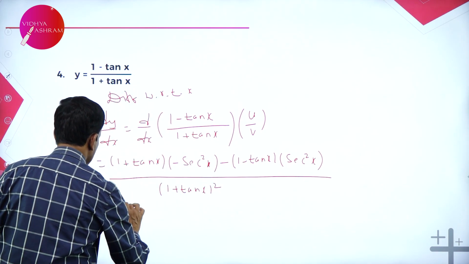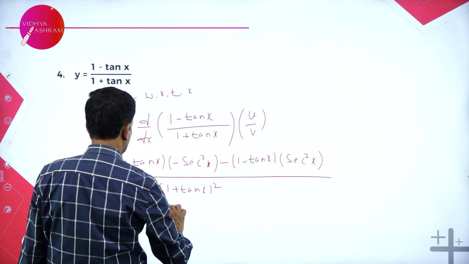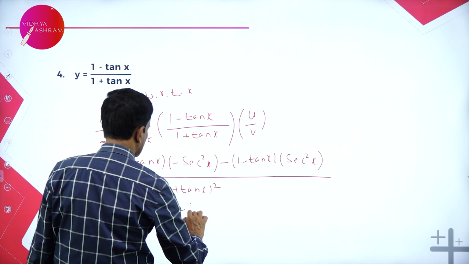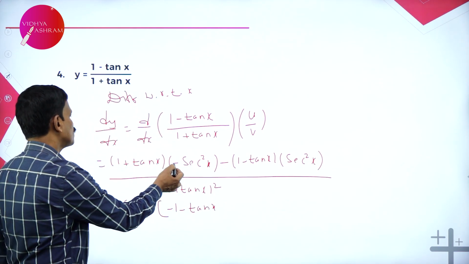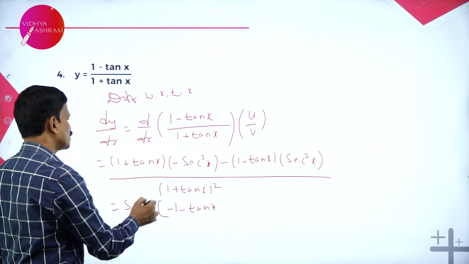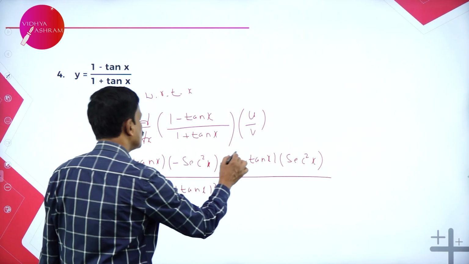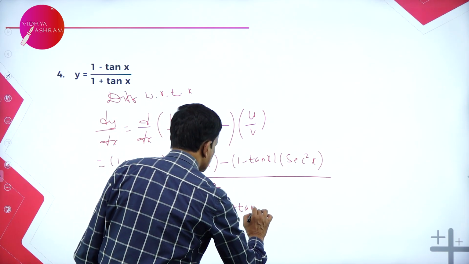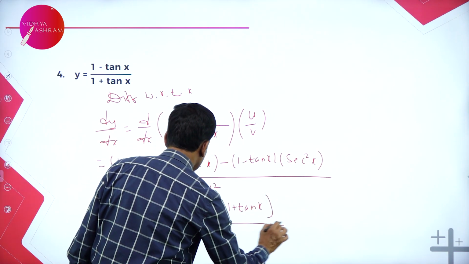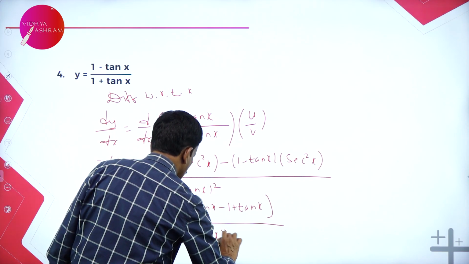So you can take secant square x as a common factor; secant square x is out. What is left? Minus 1 minus tan x, secant square x is gone. Minus 1 into 1 is minus 1, minus 1 into tan x is minus tan x, again minus secant square x is taken out, multiplied by the negative sign, minus into minus plus tan x, divided by the denominator square (1 plus tan x) whole square.